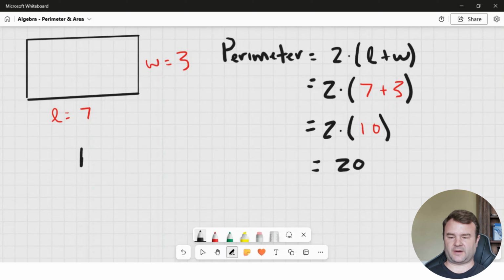Next, we have area. And area is defined as the length times the width. And we have this as, so the length is 7 times the width is 3.